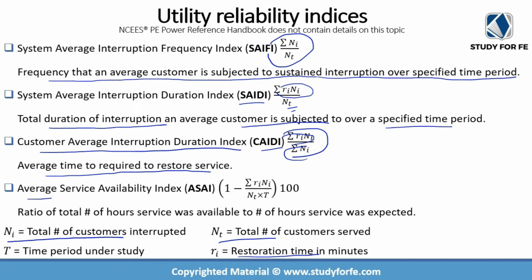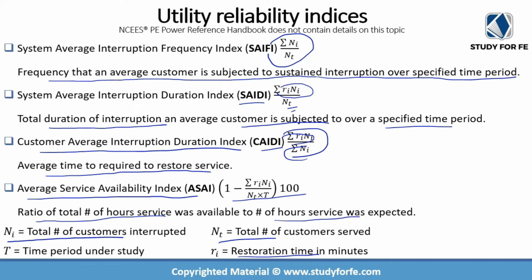And the last one is your average service availability index. It looks a bit complicated when you look at the mathematical formula, but it is essentially the ratio of the total number of hours during which the service was available to the number of hours of service that was expected. It's very easy to comprehend.